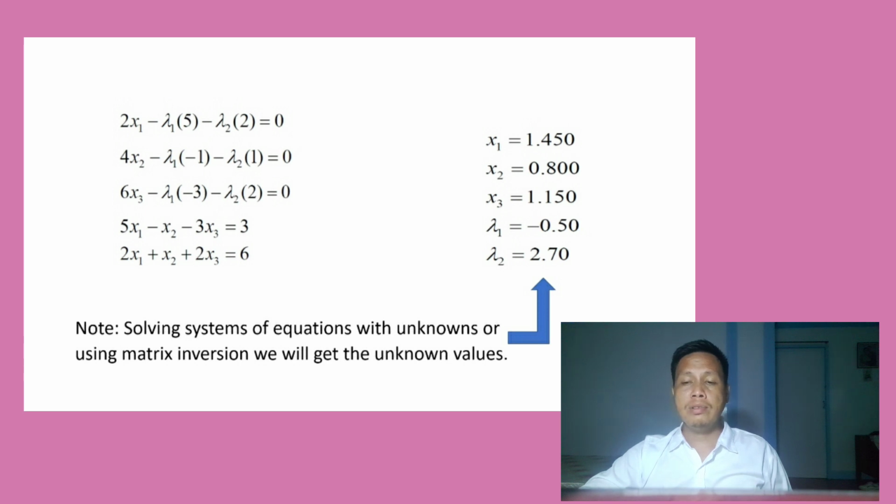And as we have noticed, lambda 1 is a negative number, negative 0.5. Note, solving systems of equations with unknowns using matrix inversion, we will get the unknown values, this one. But lambda 1 is equal to negative 0.5.